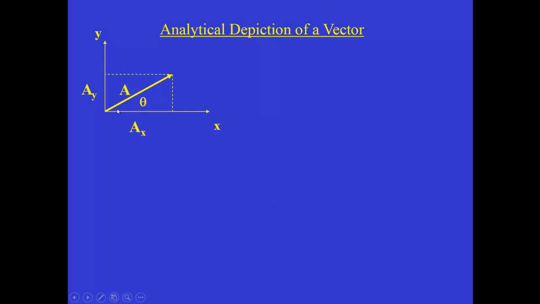So here we draw our vector A with the tail at the origin, and we can see that you can get from the tail of A to the head by first traveling a certain distance along the x direction, and then by turning and traveling a certain distance along the y direction. And these two amounts are referred to as the vector components of A along the x and the y directions.